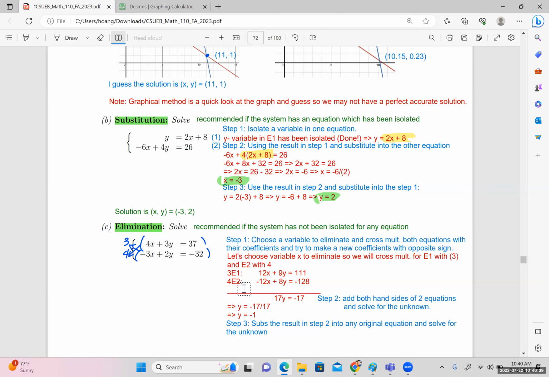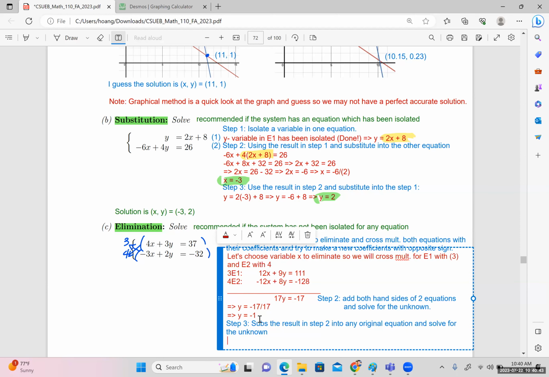So that means I'm gonna use y equal to negative 1 and substitute into any equation. Let's choose equation number 1, say 4x plus 3y, y now changed to be negative 1, equal to 37. So then I have 4x minus 3 equal to 37.